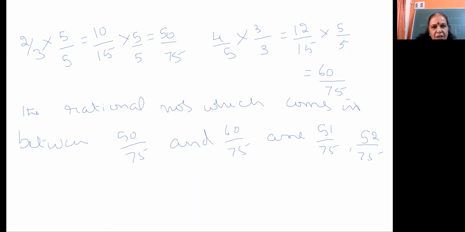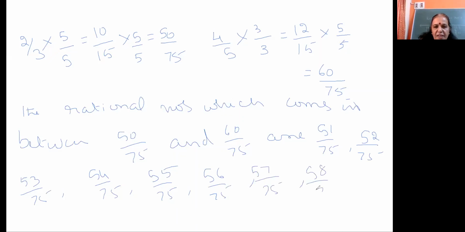Like this it continues. That is 52 by 75, 53 by 75, and 54 by 75, and 55 by 75, and 56 by 75, 57 by 75, and 58 by 75, and 59 by 75.